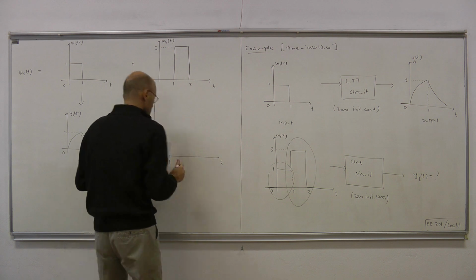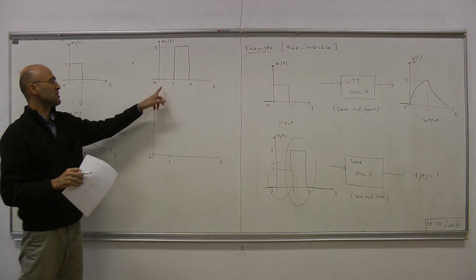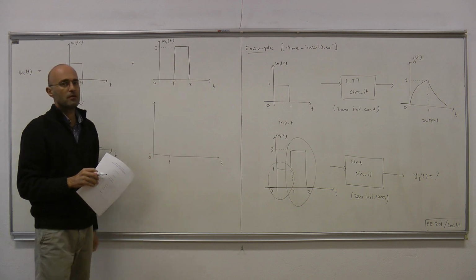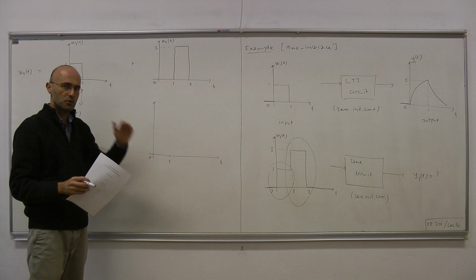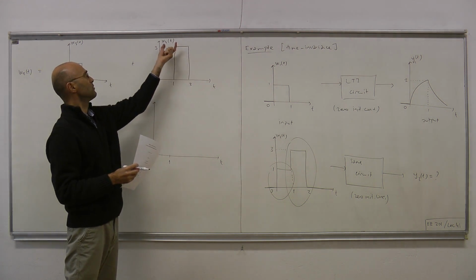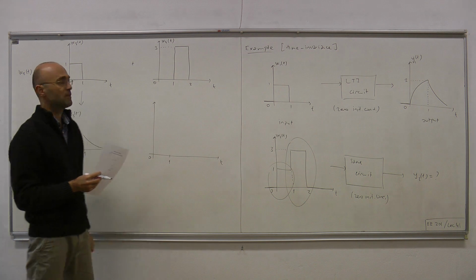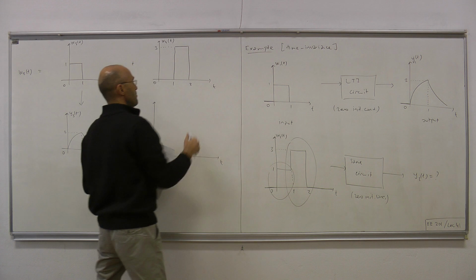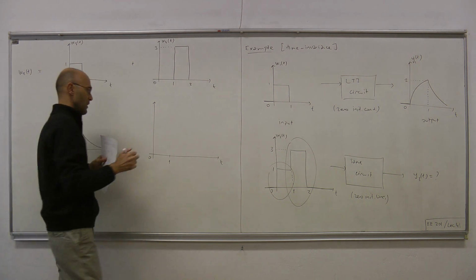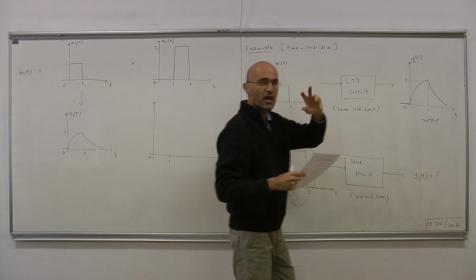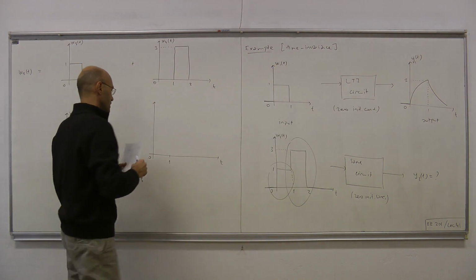So nothing happens until t equals 1, because nothing happens until t equals 1 with the input. So everything is set to 0, and also initial conditions are set to 0. And then we apply, and W4 is constant at 3 for a while, and then it drops back to 0 at the second. So what happens is we have this shape, but scaled with a factor of 3.